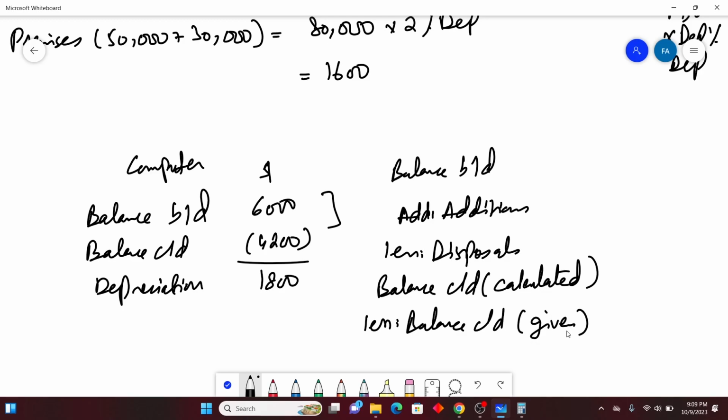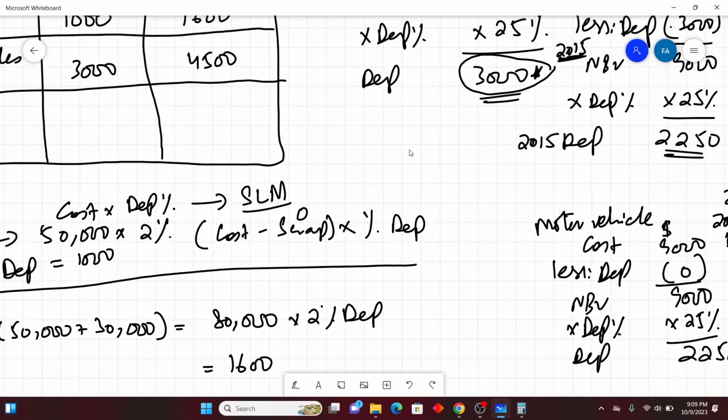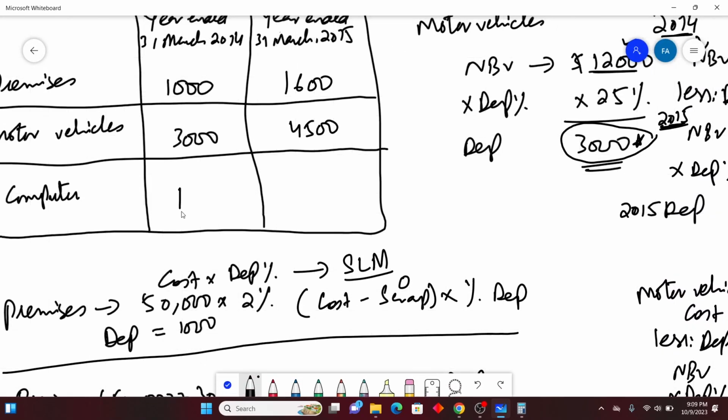You just take out the difference. This time, additions are 0, disposals are 0, this is 6,000, this is 6,000, and the one given in the question is 4,200. So the only difference due to which the computers would have decreased is 1,800. This is for 2014. So for 2014, I write down 1,800 over here.